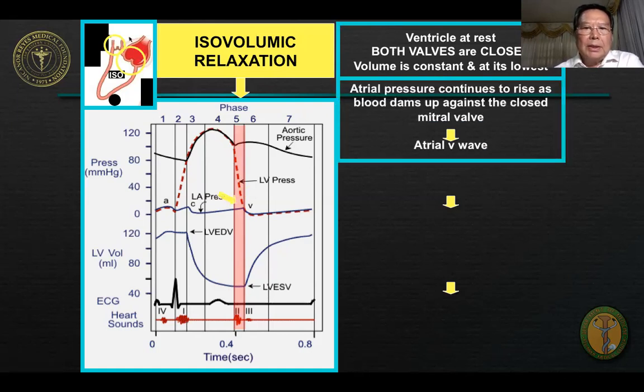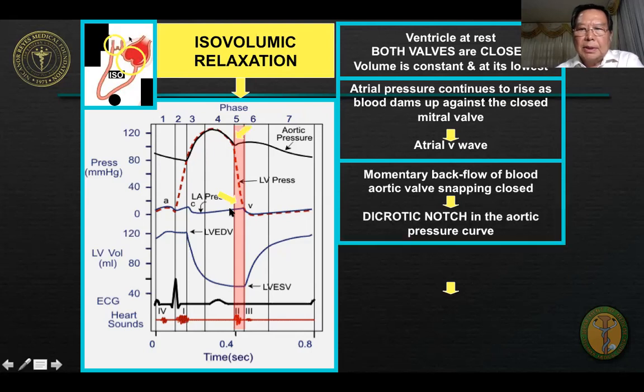And the atrial pressure, right? If you look at your atrial pressure tracing, there is some rise in your left atrial pressure, okay? Because blood is continuously going into that chamber, right? And in this portion, you see the inscription of your V wave, right?